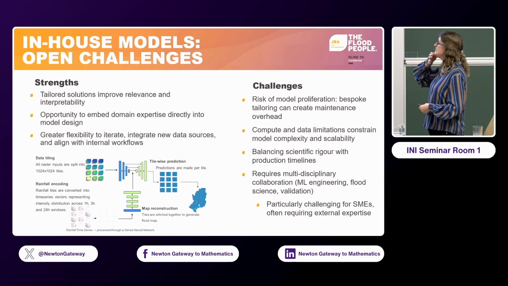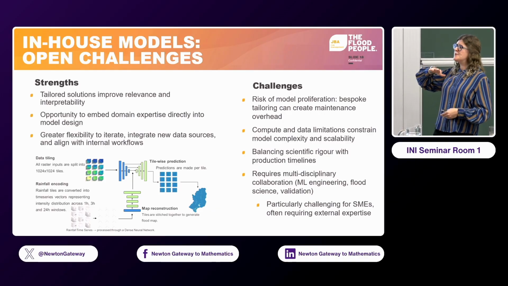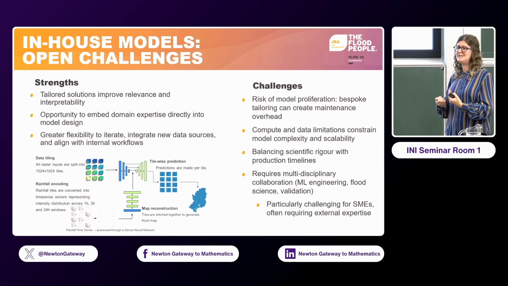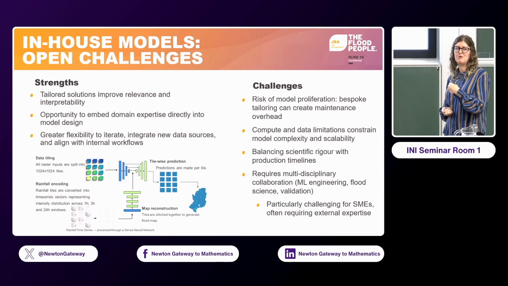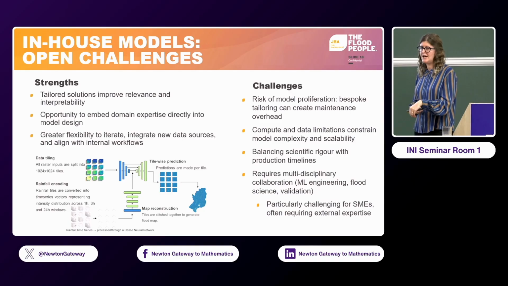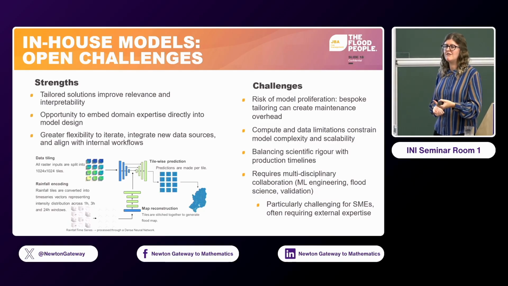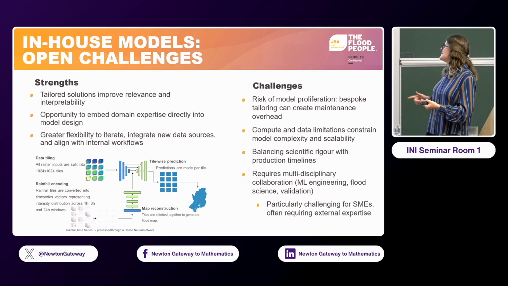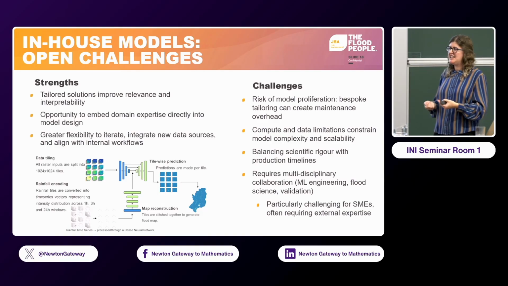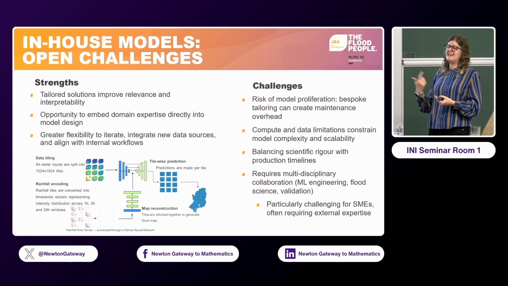And I'd say that the biggest issue with small, medium-sized companies is the multidisciplinary teams that are required for these solutions. You can have your domain flood experts, you can have your AI experts, but if you've not got your machine learning engineer that's going to mean that an epoch doesn't train in a week, it trains in seconds.